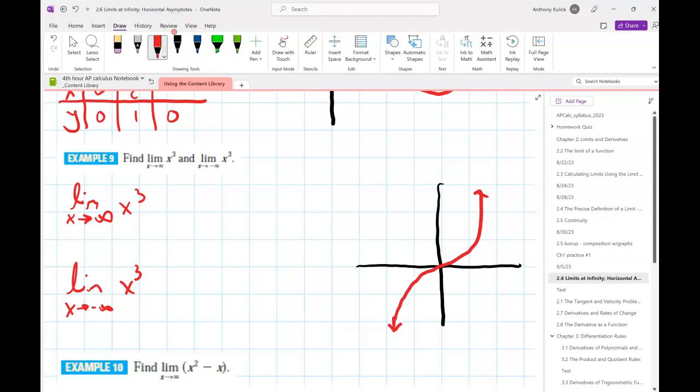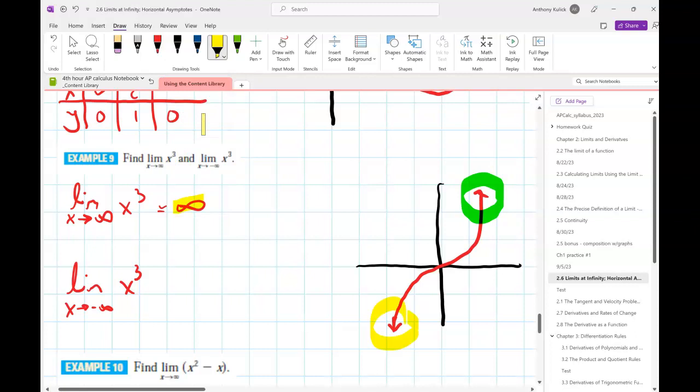If you remembered what x to the third looks like, it kind of looks like this. So x approaching positive infinity, what is the y doing? Great. If I look at as x goes to negative infinity, what's the y going to? Negative infinity. Done.